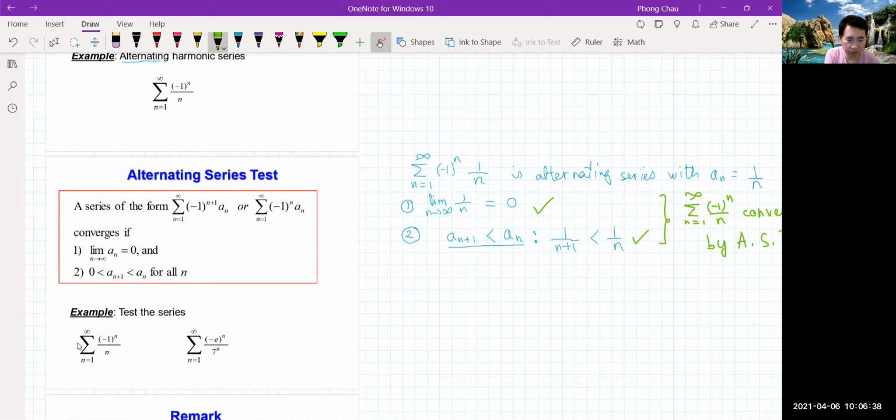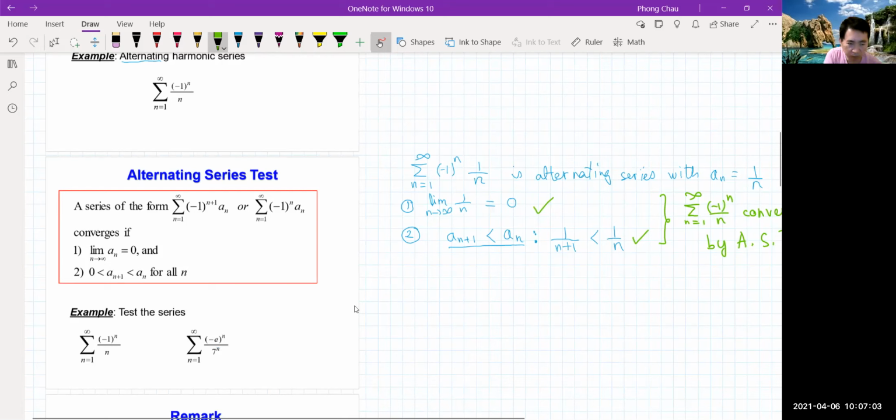Now, let's consider the next example. It's a bit different now. You have (-e) to the n over 7 to the n, so it doesn't quite fit the form yet.